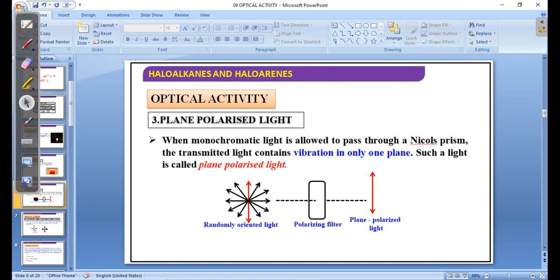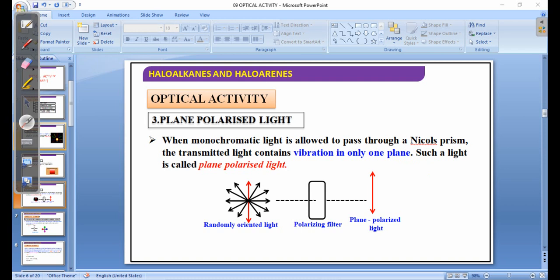Next, plane polarized light. When a monochromatic light is allowed to pass through a nicol prism, the transmitted light contains vibration in only one plane.